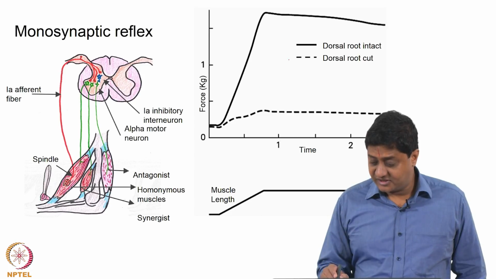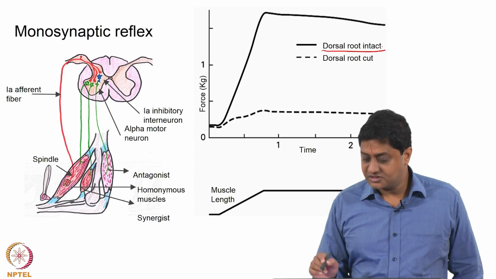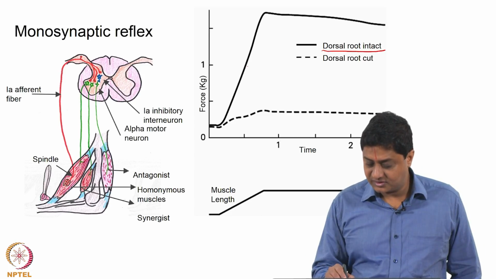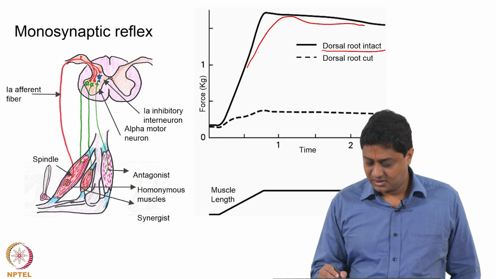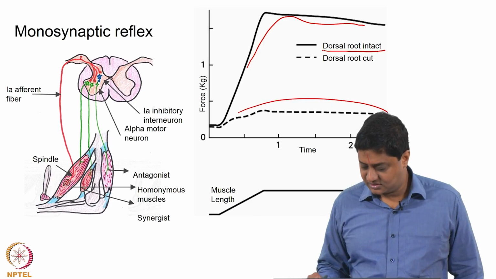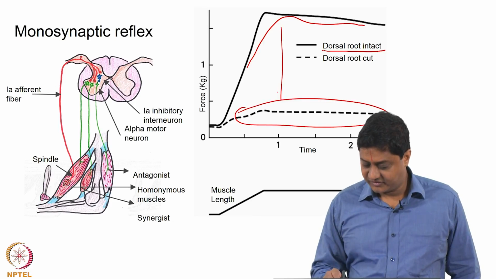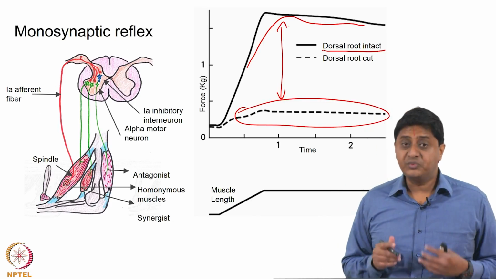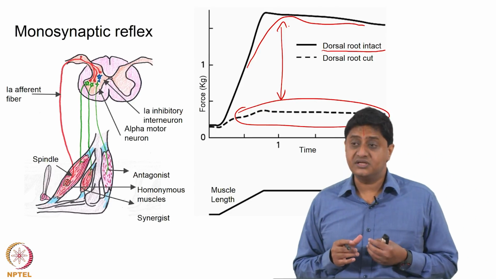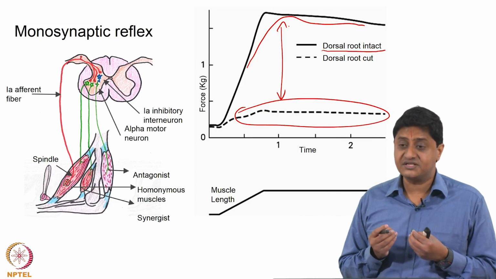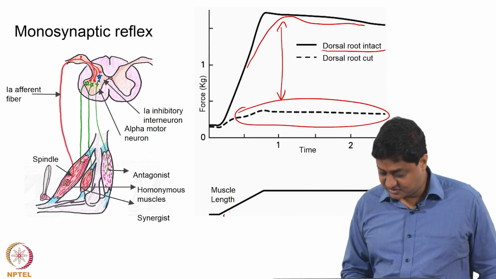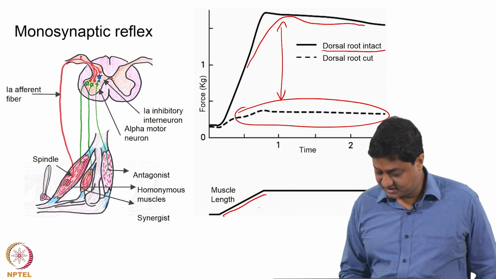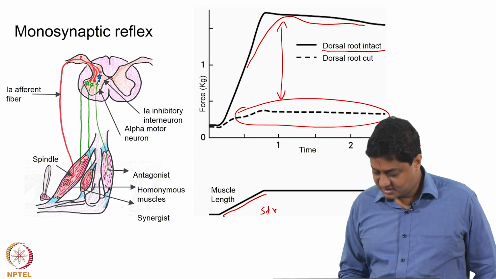there is a big difference between the dorsal root intact and cut. When the dorsal root is intact, this is what is found, and when the dorsal root is cut, this is what is found, a big difference. So, this means that the dorsal root is absolutely necessary for this function. As the muscle length is increasing, the muscle is stretched.